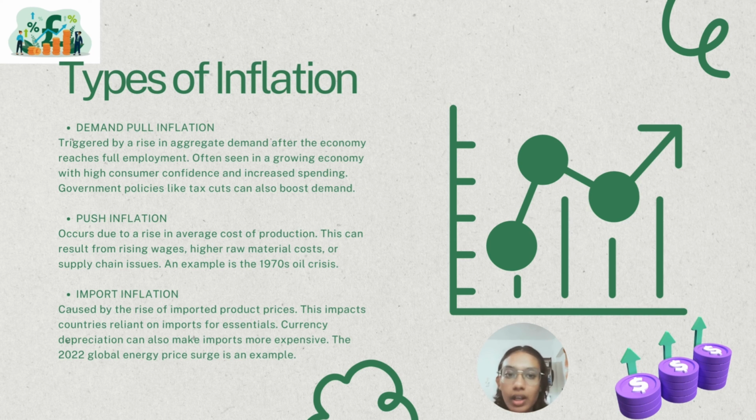For example, if the price of oil increases significantly, it raises the cost of transportation and production for many goods. Companies may then pass these increased costs on to consumers in the form of higher prices, which leads to inflation.